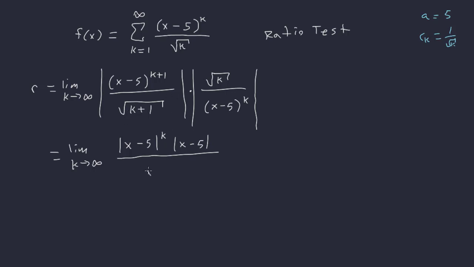This will always be positive, so I can just say that that's the square root of k plus 1. Square root of k will always be positive. And then this piece will become the absolute value of x minus 5, all raised to the k. And now we have some things canceling, specifically just these two guys here.